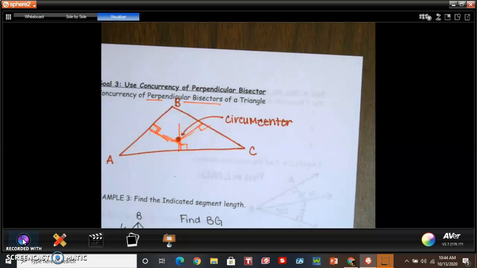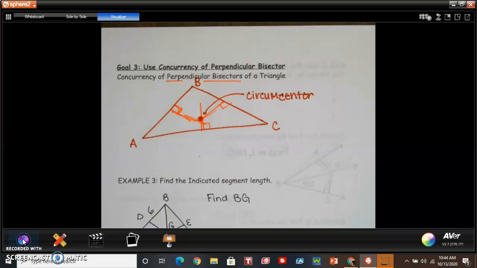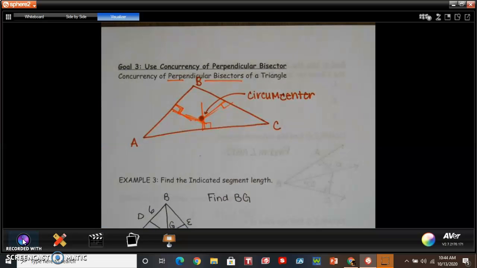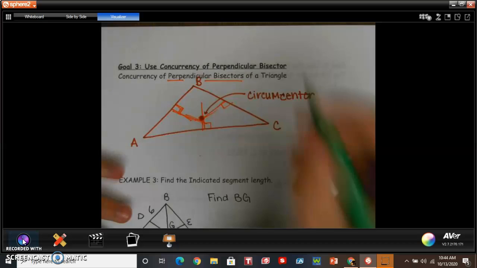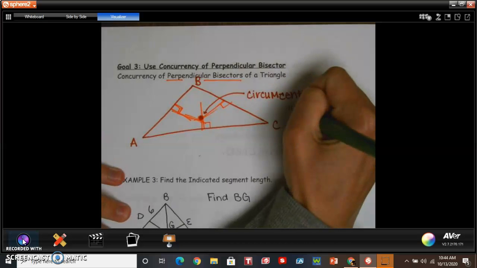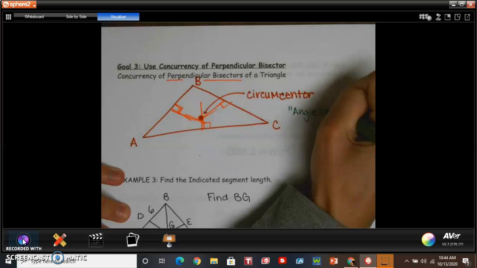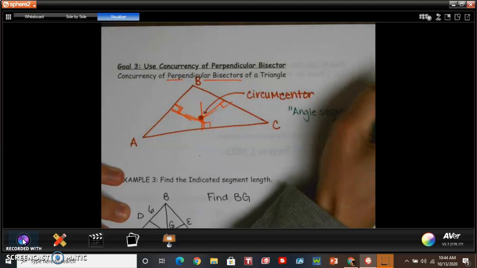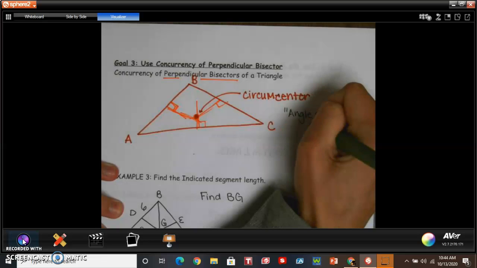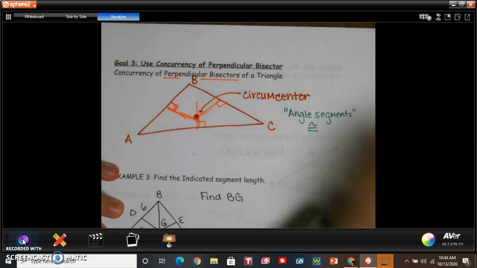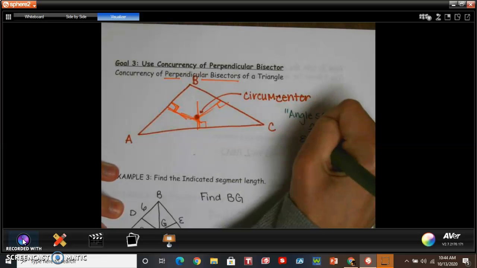All right. So what this theorem that we're talking about is telling us, if we have a point of concurrency, our circumcenter of 3 perpendicular bisectors, then what I like to call my angle segments, they're all congruent. Or if you prefer to say, equal.